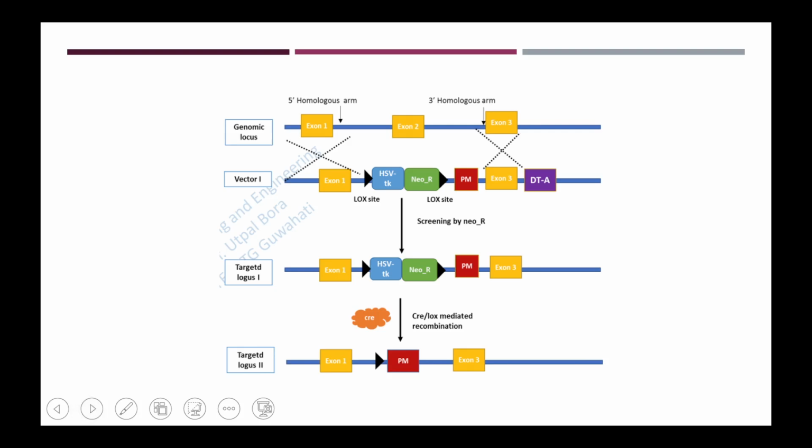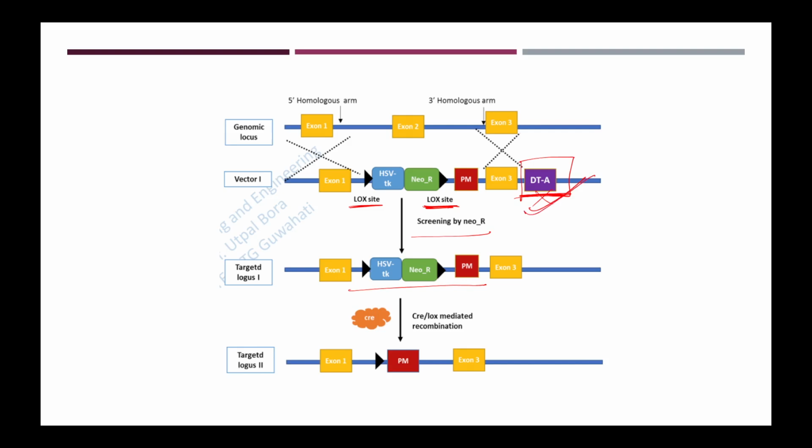Then this is a recombination type of vector. Here for negative selection they have used this DTA, which I have told you is outside the homology arm, as I explained previously. Here LOXP sites are generated, a point mutation is generated, and with the help of homologous recombination, this particular locus will get integrated here. You can select it by neomycin resistance, and this one will help in negative selection.